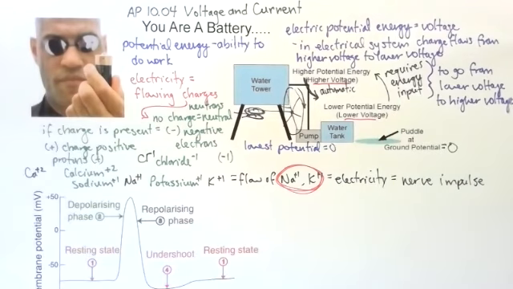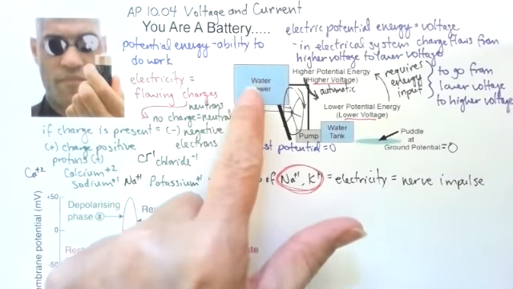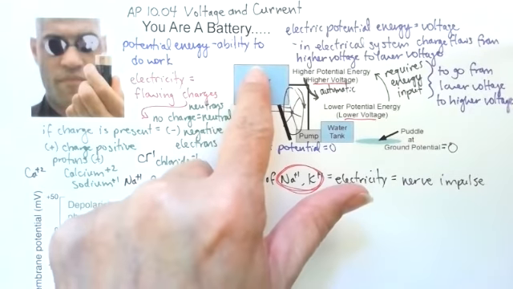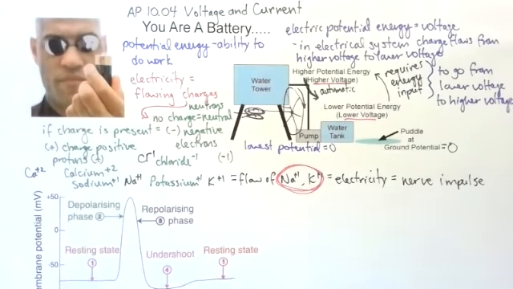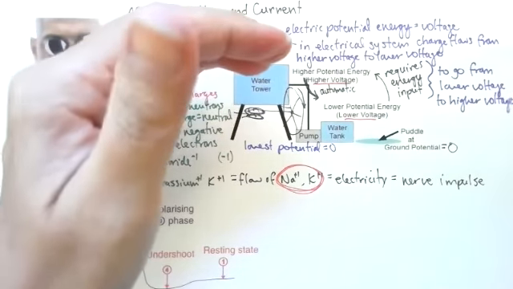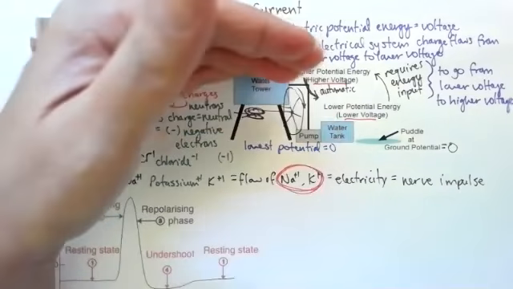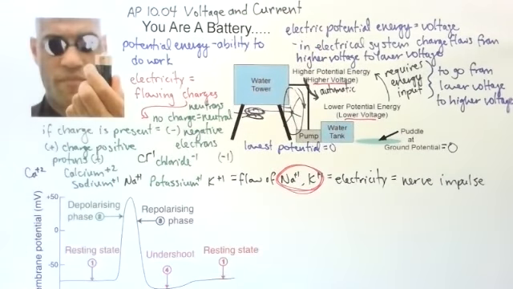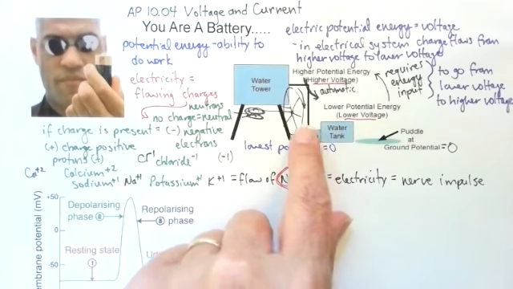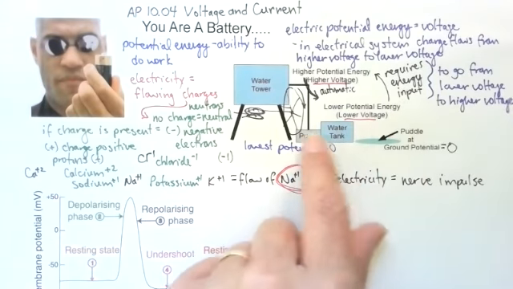So let's do a takeaway here. All right. We started off with something we're familiar with. We started off with water, and it flows from a higher elevation or a higher potential energy to a lower potential energy. Elevation is what gives us that, water always falls down. So that elevation, higher than our ground, gives us that potential energy. And it'll automatically flow down, but to go back up, we have to put in energy in the form of our pump.